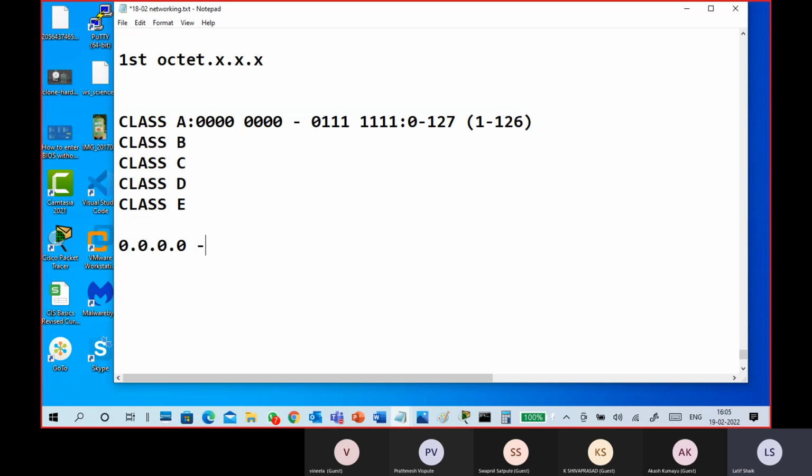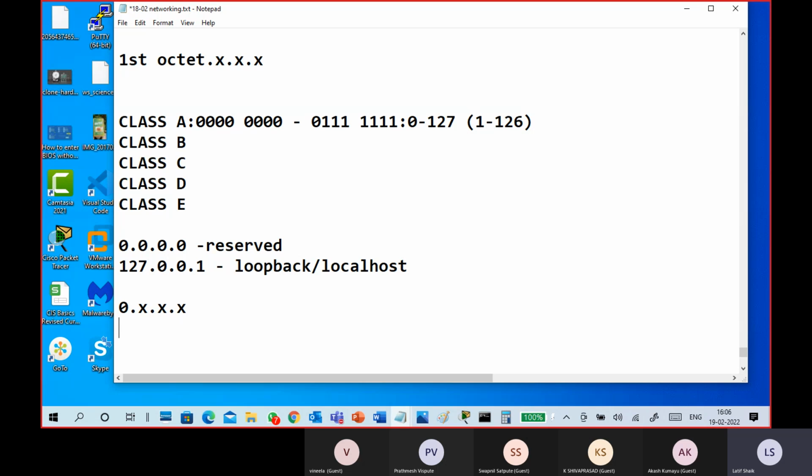This kind of IP address is reserved for certain services. 127.0.0.1 is reserved for loopback or localhost.